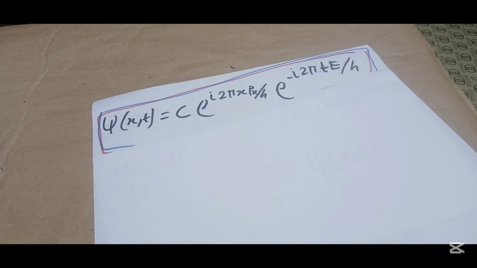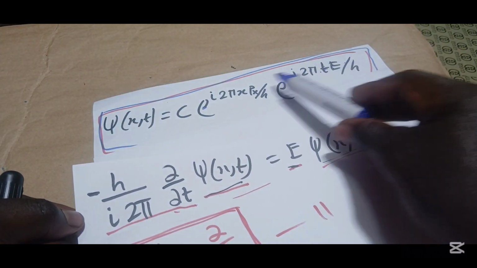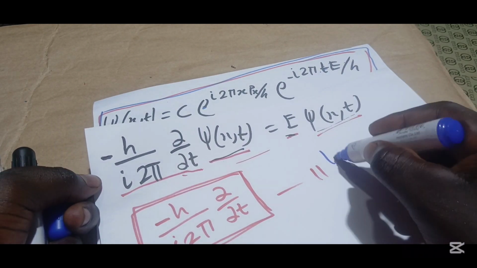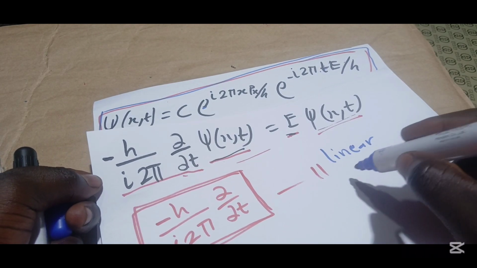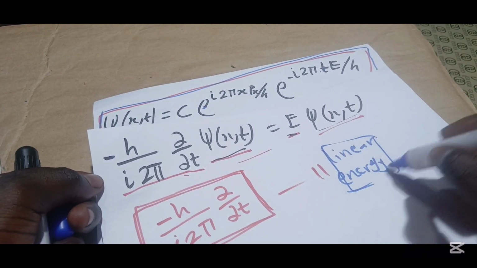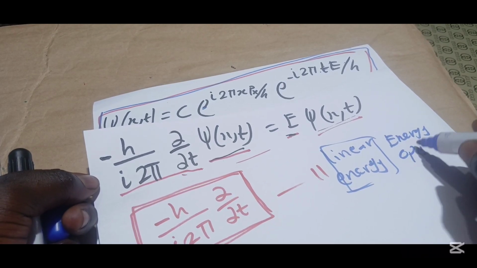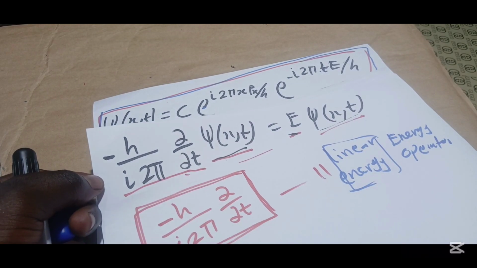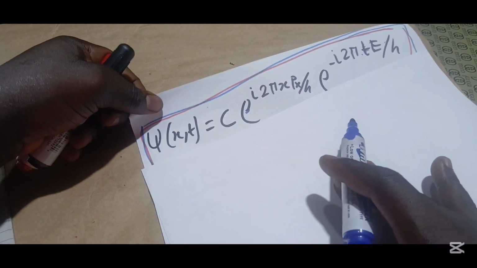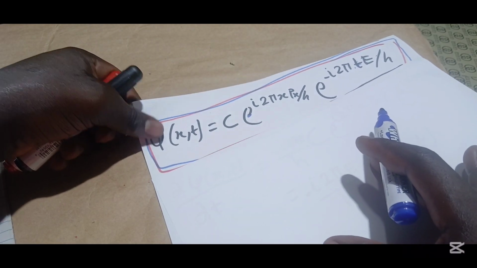Before we continue, differentiating the equation with respect to time, what we get is the linear energy operator, or just call it the energy operator. Very important to keep in mind. So now let's differentiate this with respect to x. After that, we rearrange in the eigenvalue equation form to see what happens.